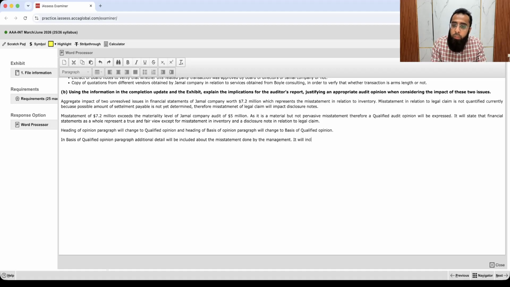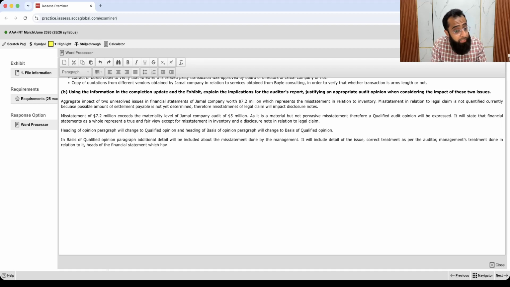It will include detail of the issue, correct treatment as per the auditor, management's treatment done in relation to it, heads of the financial statement which have been impacted, and the amount of the misstatement. Okay, see, in basis of opinion paragraph, you already give reference of the auditing standard, of the ethical standards which you have used. But along with that, now you will also include the details of the misstatement which has happened.